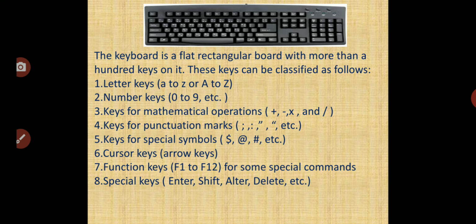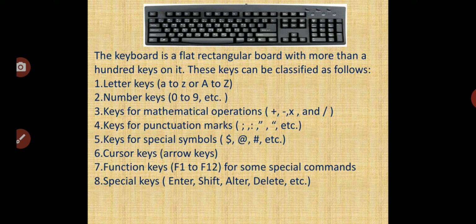The keyboard is a flat rectangular board with more than 100 keys on it. These keys can be classified as follows. Okay, while seeing the image, you can easily understand. First one, letter keys, meaning A to Z small letters, or A to Z capital letters.